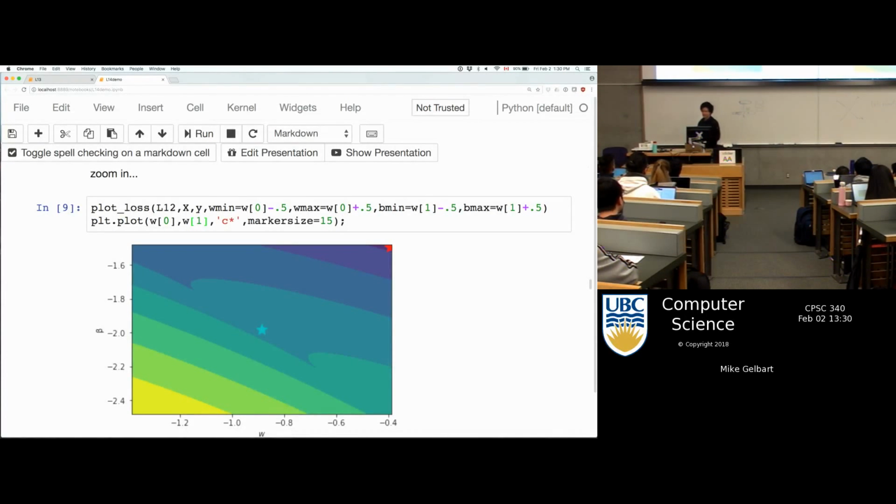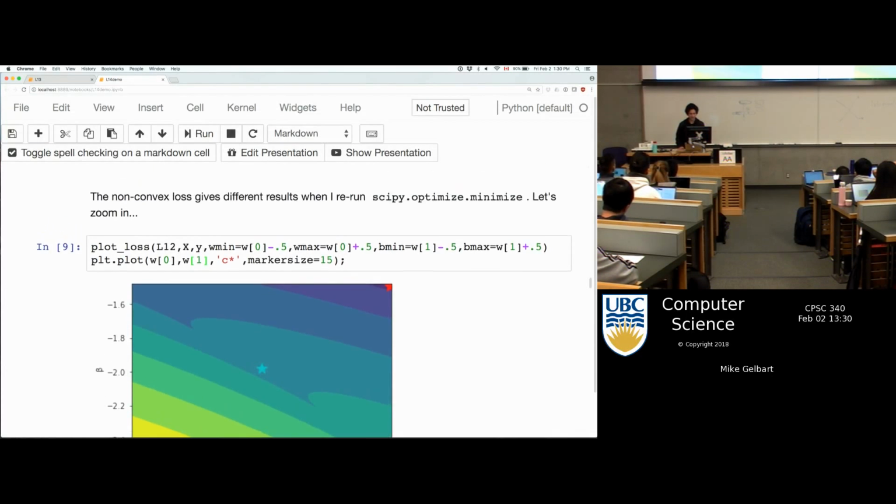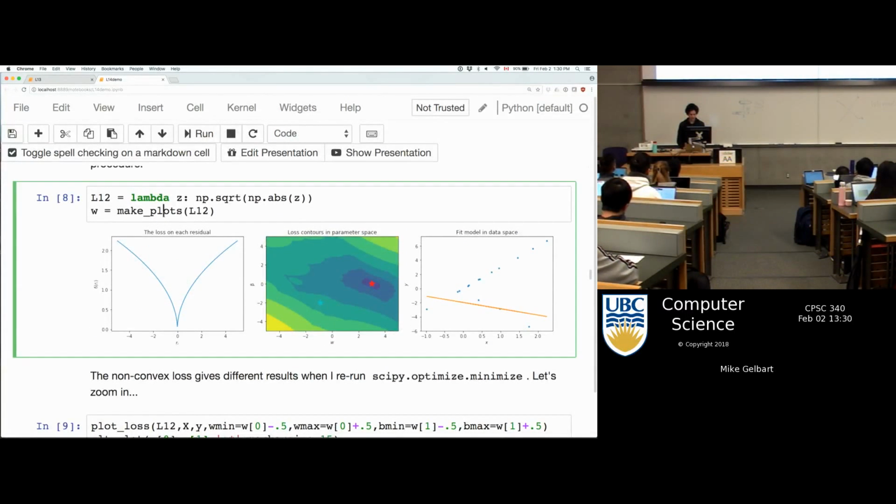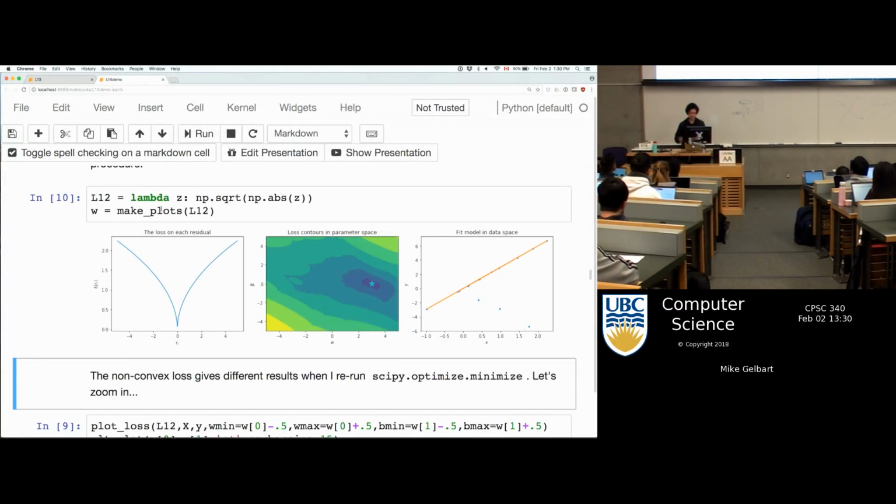It could get stuck in the local minimum here. I'm not even sure that's happening. The optimization may just be choking because of the non-smoothness. I'm not quite sure. But if I rerun it a bunch of times, I'll just get different results every time. That's the nature of dabbling in the dark arts of non-smooth, non-convex functions.